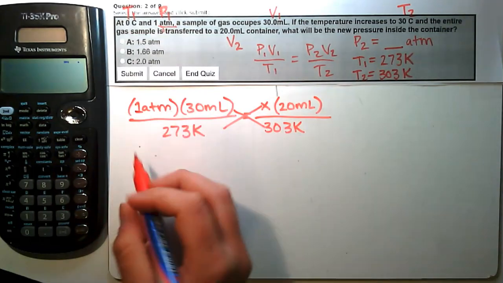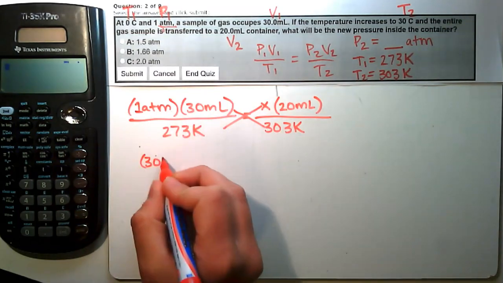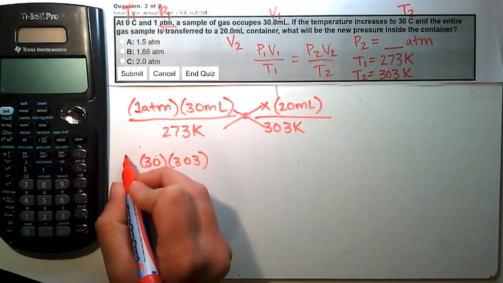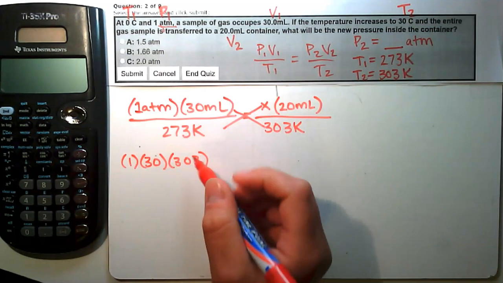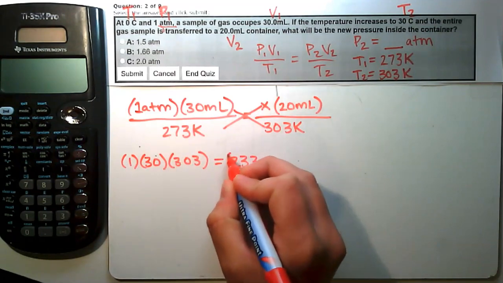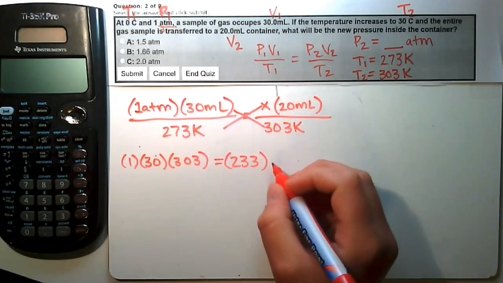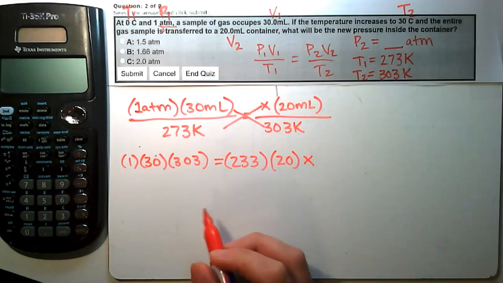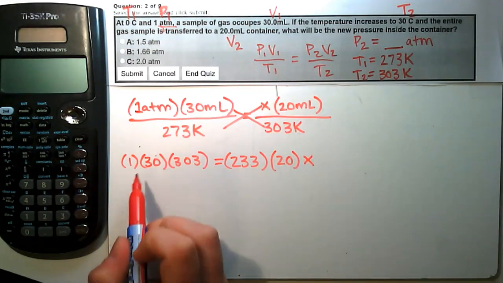So 1 times 30, that's 30, times 303, I'll put that 1 there just so we don't get confused, equals 273 times 20 times X. We don't want to forget that X. Okay, so let's combine some terms.